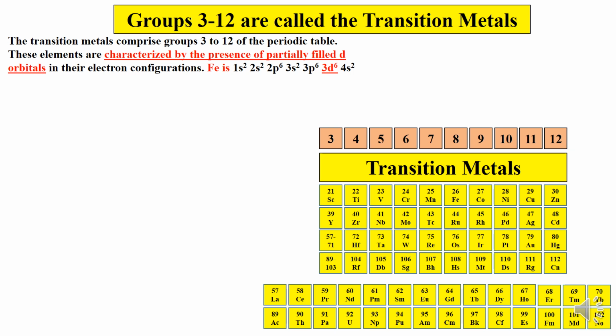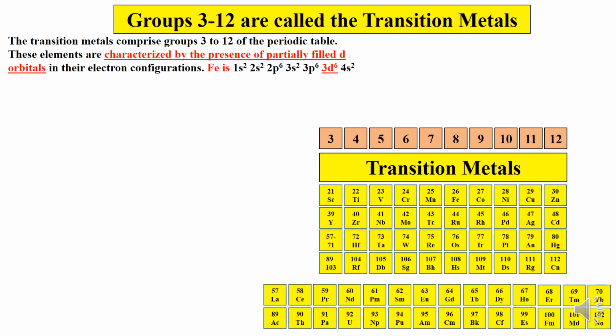So here are some examples showing the presence of partially filled d orbitals in transition metals. In the case of iron, the electronic configuration is 1s2, 2s2, 2p6, 3s2, 3p6, 3d6 and 4s2. I highlighted the d orbital showing that it is partially filled.